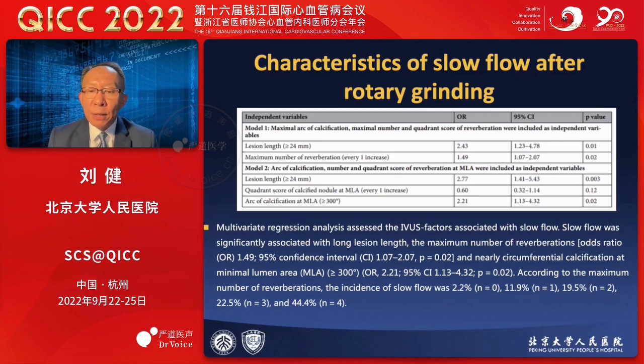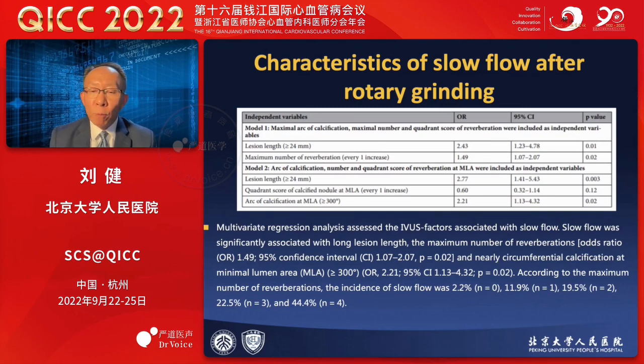And then for the slow flow patients and the relationship with atherectomy, when we look at the multivariate regression analysis, they found that the IVUS sector is associated, and it is related to the reverberation, and also to the locations and angles of that.